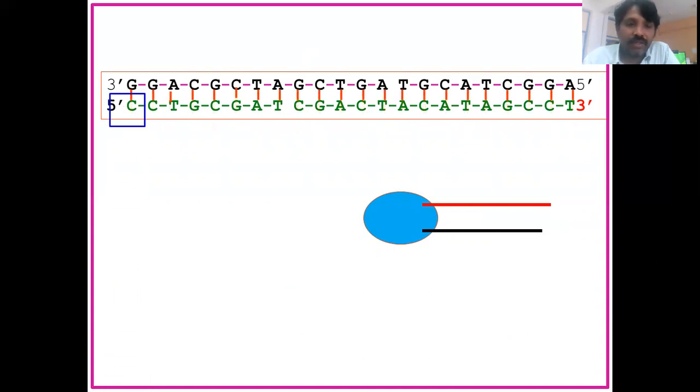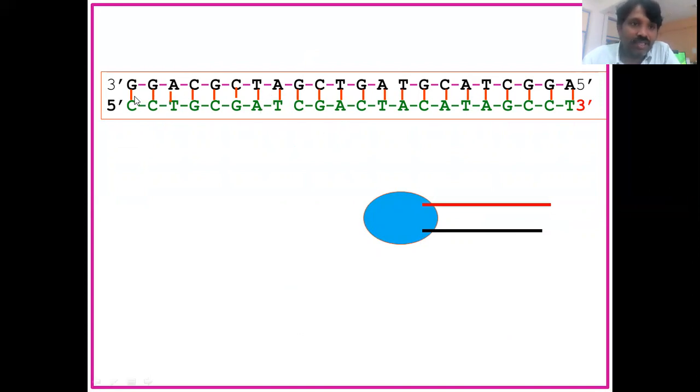Their activity is initiated at the terminus, nicks or ends.